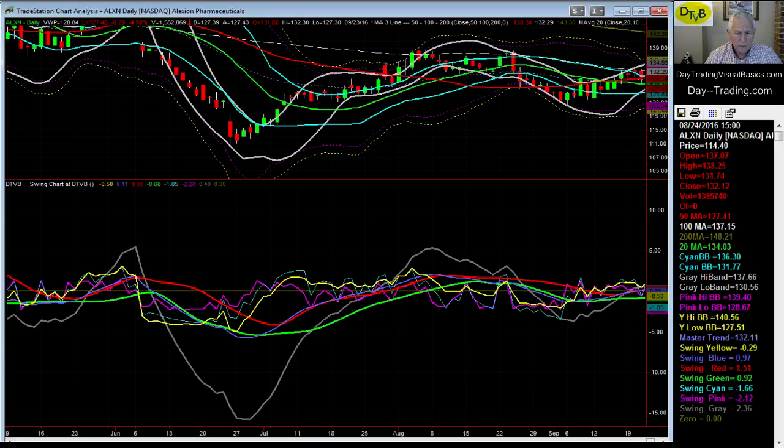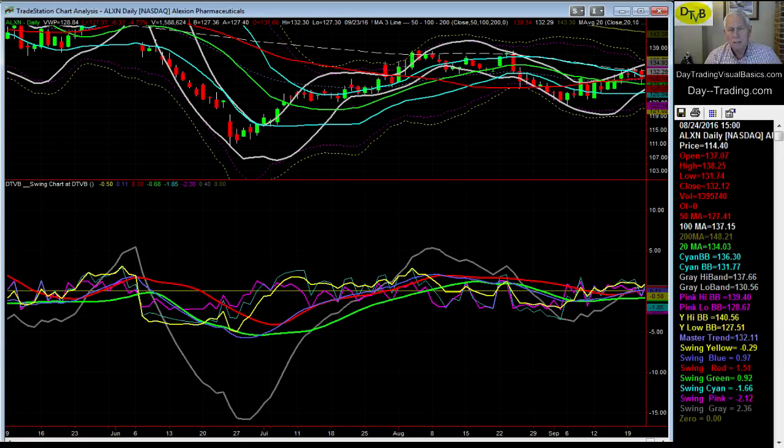I bring up this chart just to show you about the swing gray, because the swing gray is a deep cycle indicator, and the power pink and blue, and the swing gray are your three deep cycle indicators.